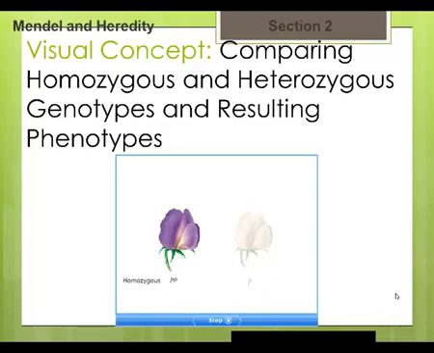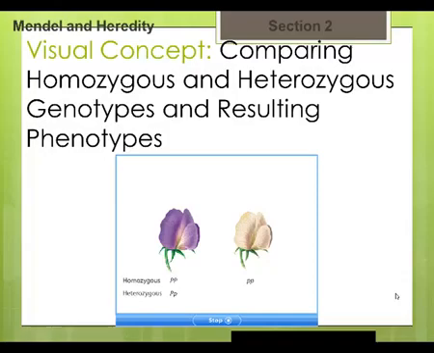For example, a purple flower with the genotype capital P, capital P is homozygous for purple flowers. A white flower with the genotype lowercase p, lowercase p is homozygous for white flowers. A heterozygous individual has two different alleles for a given trait. For example, a purple flower with the genotype capital P, lowercase p, is heterozygous for flower color.